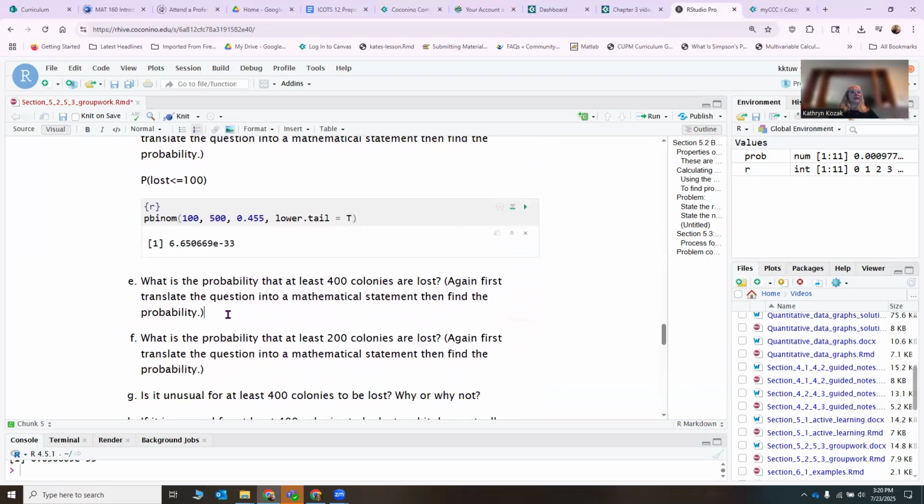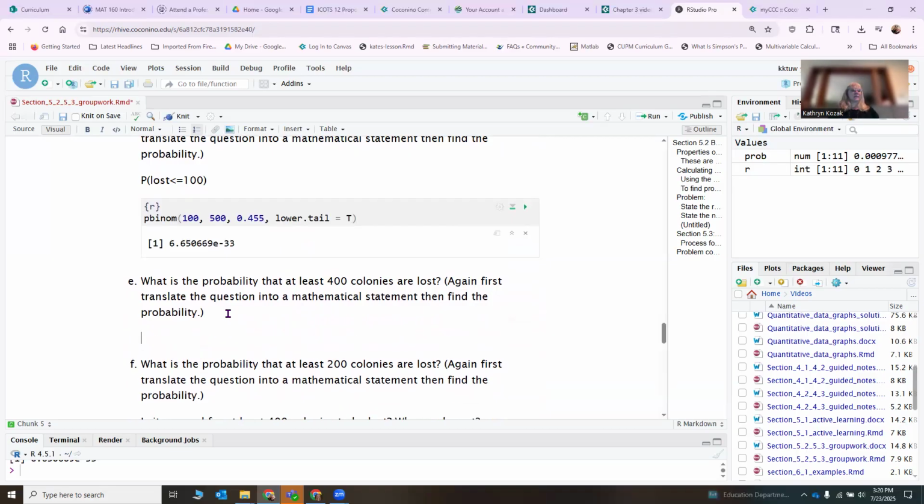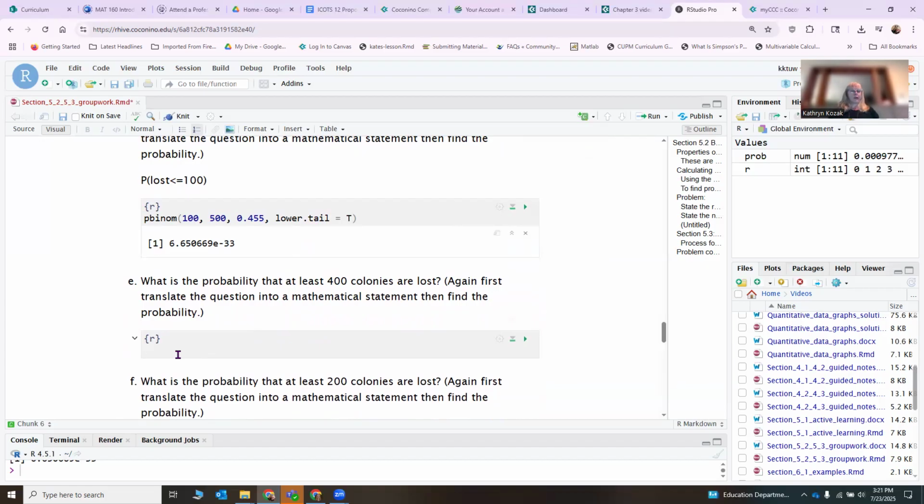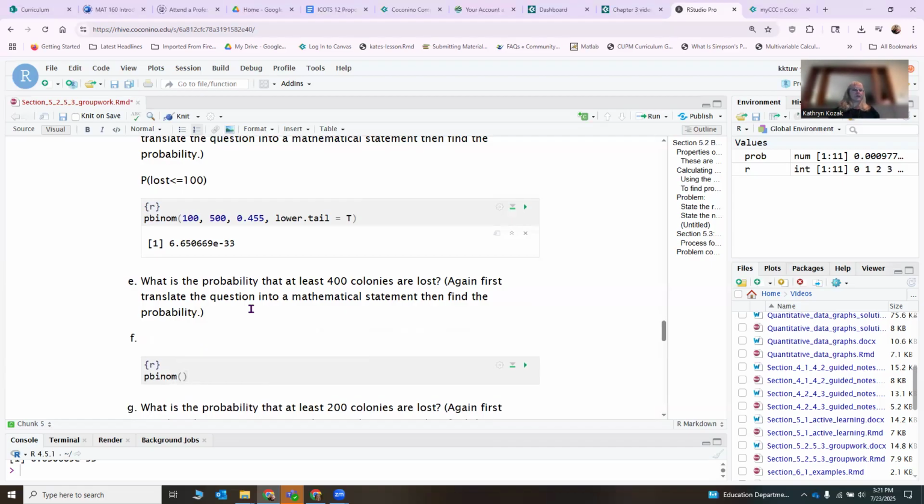Now I'd like to find the probability that at least 400 are lost. So now we're looking at "at least," again, we're still using that pbinom. I didn't write it as a mathematical statement, so let's do that first. Our mathematical statement would be the probability of lost is at least, so greater than or equal to, 400.